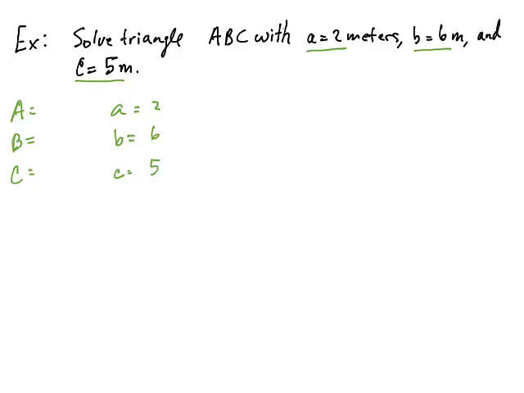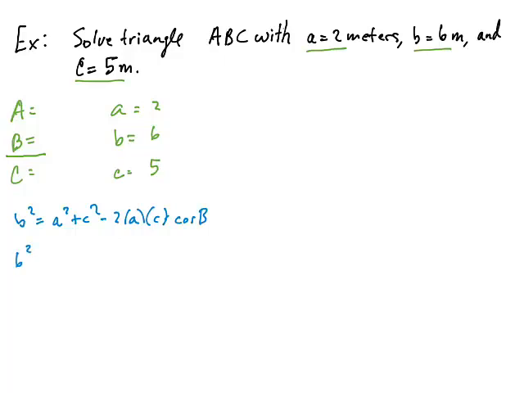Alright, and then from here I'm just going to use the law of cosines, and we're going to solve for the longest side first. I'll write it out: b squared equals a squared plus c squared minus 2ac cosine angle b.